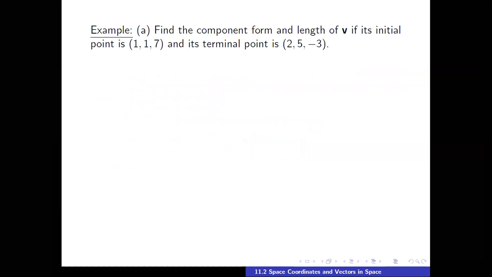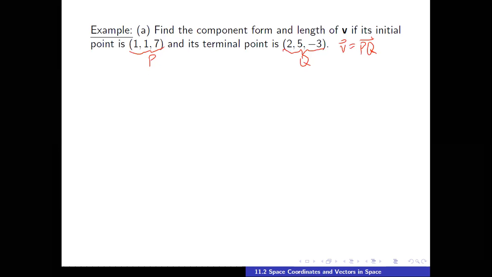Let's do an example. Find the component form of and the length of a vector if its initial point is 1, 1, 7 and its terminal point is 2, 5, minus 3. Okay, so let's call this guy P and let's call this guy Q. So what we're saying here is that V is supposed to be the directed line segment from P to Q, right?